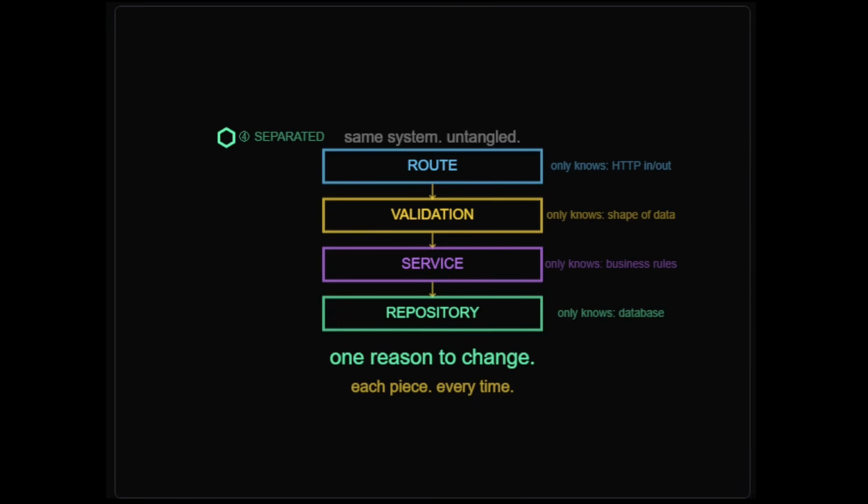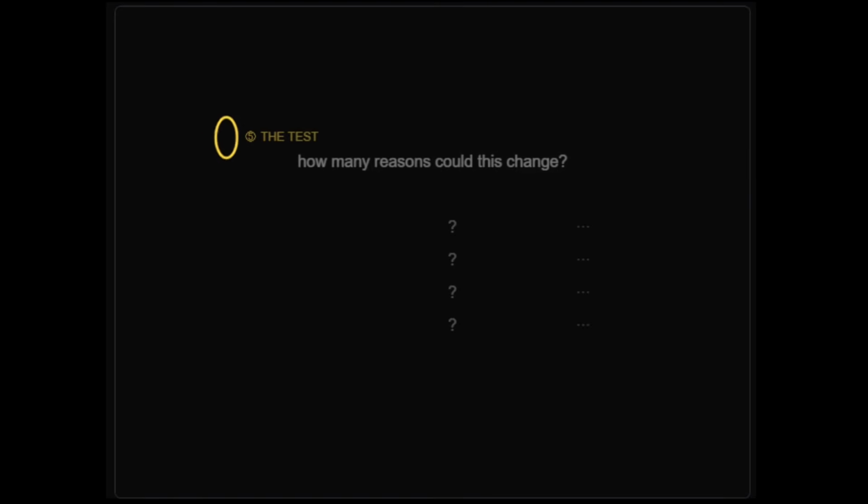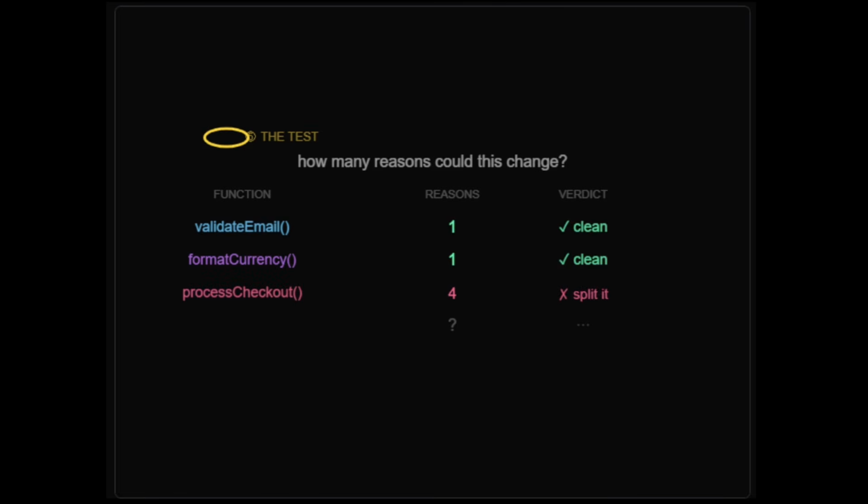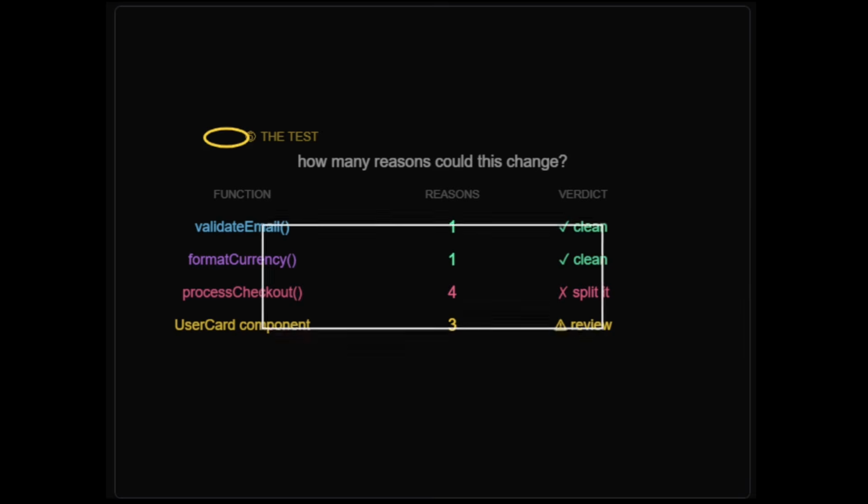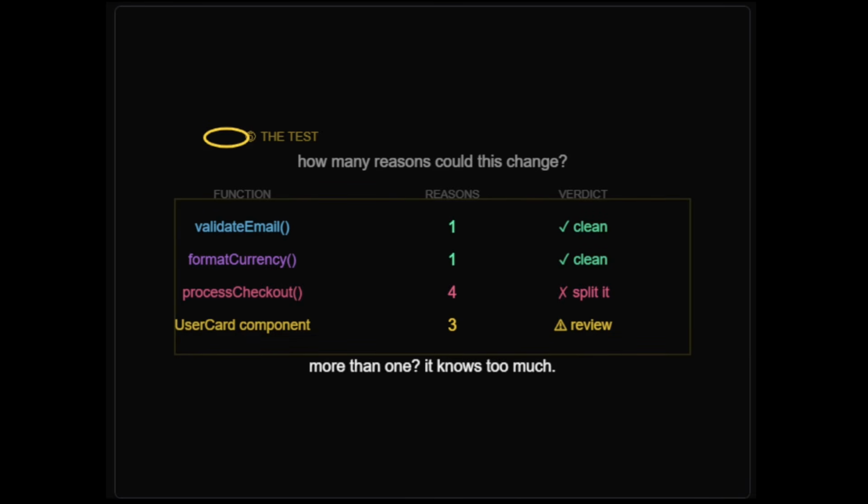A component that only renders state can be tested without mocking an API. Here is the test. Look at any function or module and ask, how many different reasons could this change? If the answer is more than one, something is wrong. It knows too much. It's doing too many jobs. Two different futures are competing inside the same piece of code.